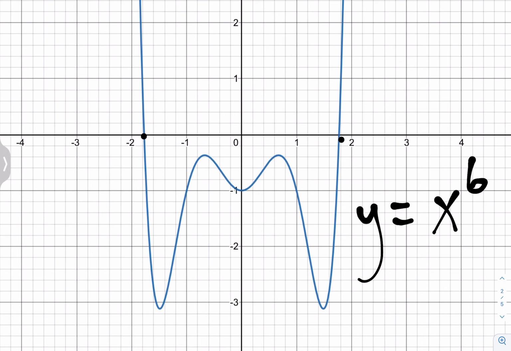Remember, the maximum number of roots that we can have is 6. That would be if the x-axis was right along here, and it crossed through every point, there, there, there, there, there, there. That would be the most case scenario to have the most roots, okay?